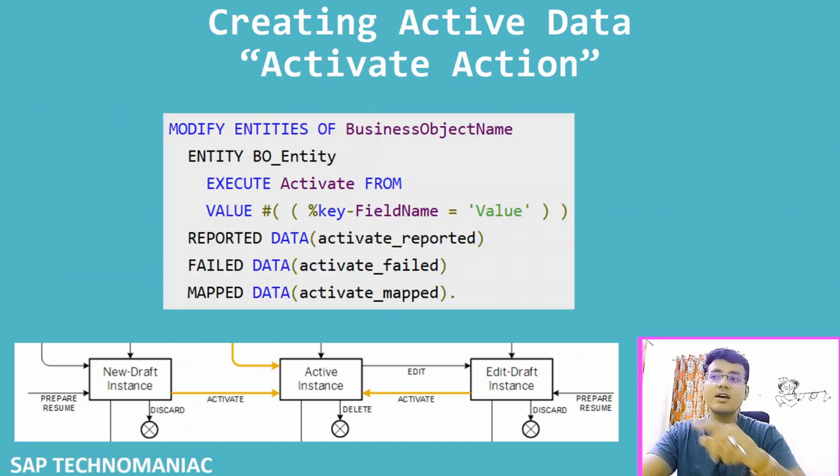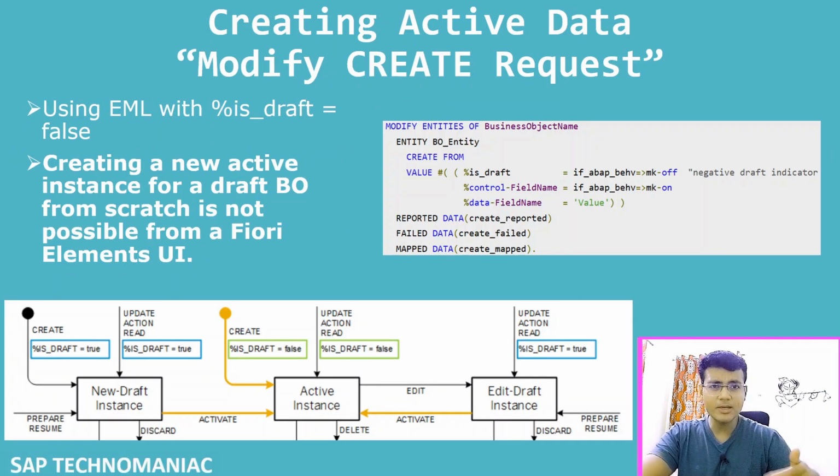You can see here, you can execute activate and pass the key field. Whatever data is available on the draft instance, it will activate and put in the active instance. And when you are working with the front end, it is called automatically when you click on the save button.